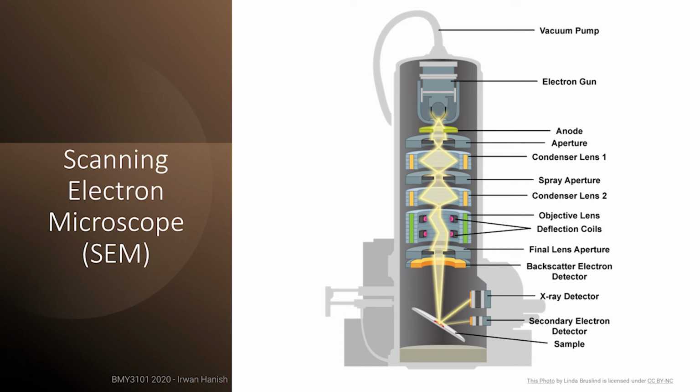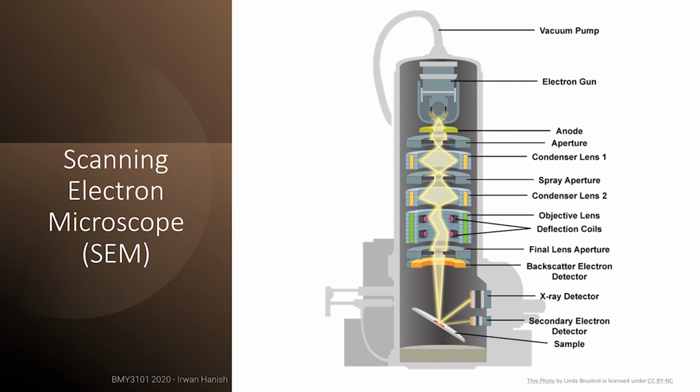So that's R-A-S-T-E-R, raster, where they scan in a rectangular pattern. And under those objective lens and deflection coils, you have the final lens aperture where the beam will be directed towards the sample. When you shoot the electron beam towards the sample, it will emit electron beam back in different forms.